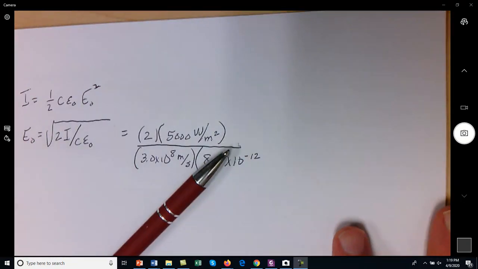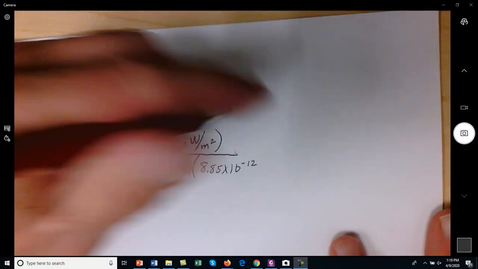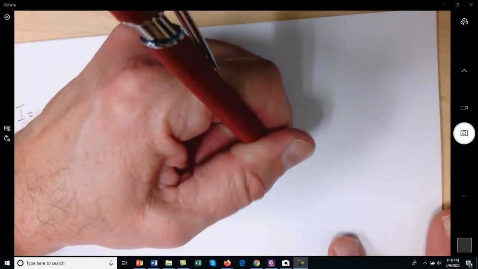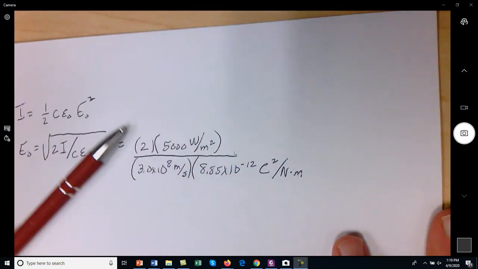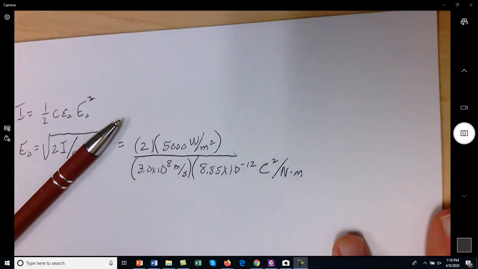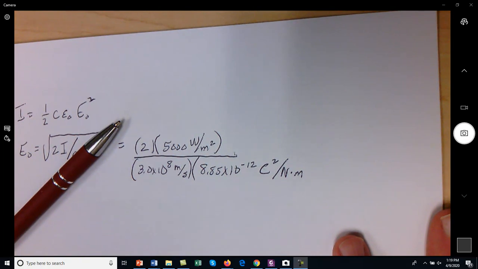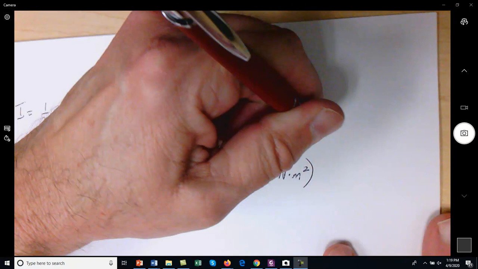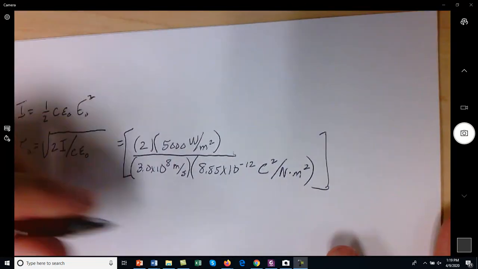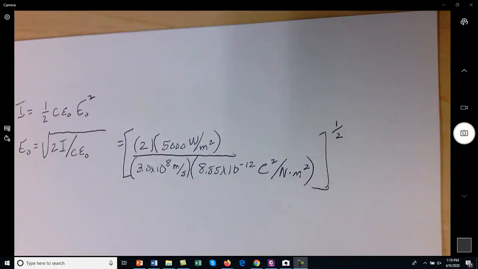Gotta look at the units again. Coulomb squared per Newton meter squared, all to the 1/2 power. Okay. So we get our calculator out. We can calculate that.